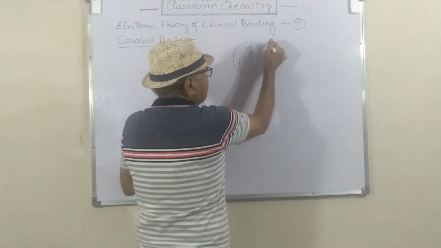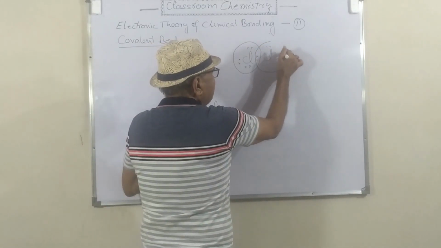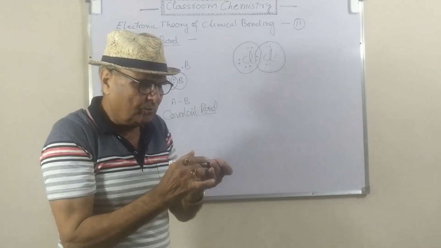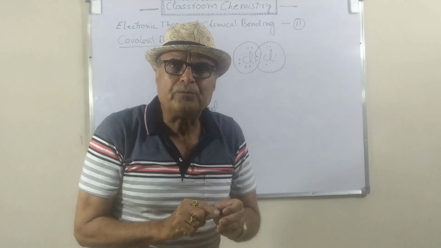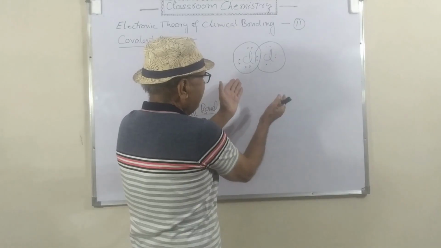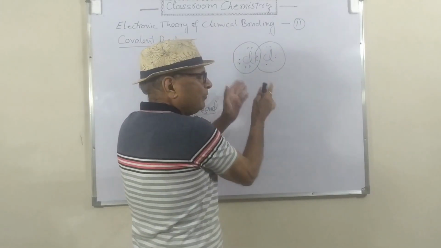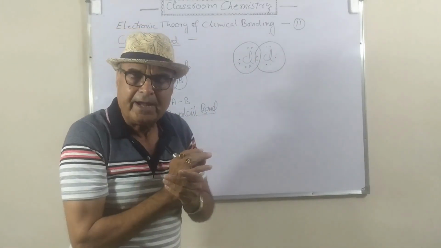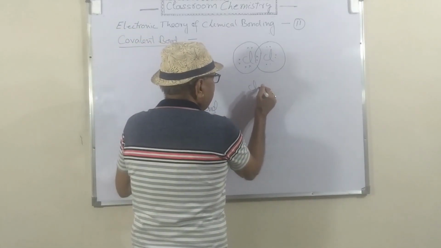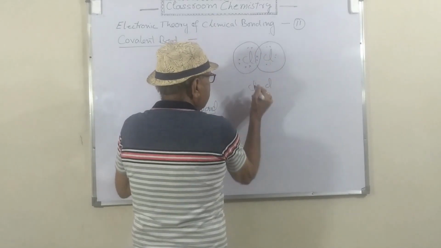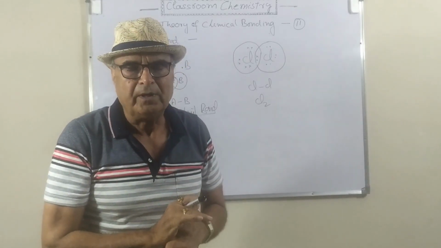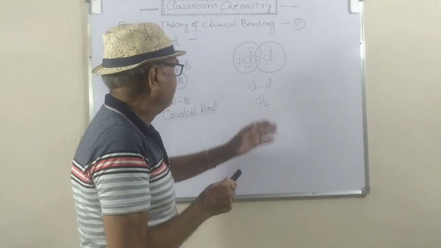When you draw a circle in this way, it shows that the counting of the bonded electron pair is done on both sides of the atoms. Again you can write Cl-Cl, which is the molecular formula Cl2.